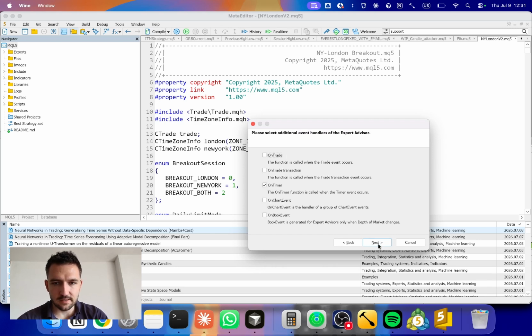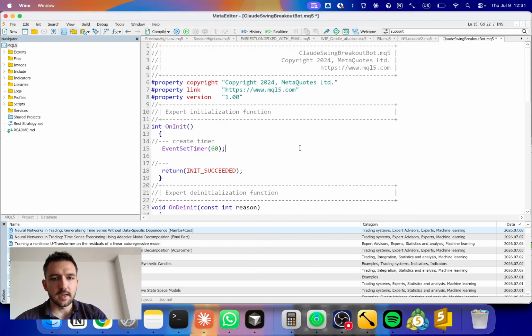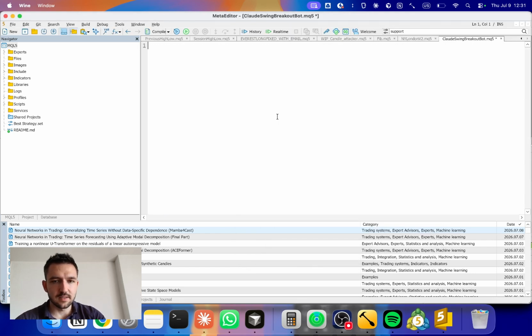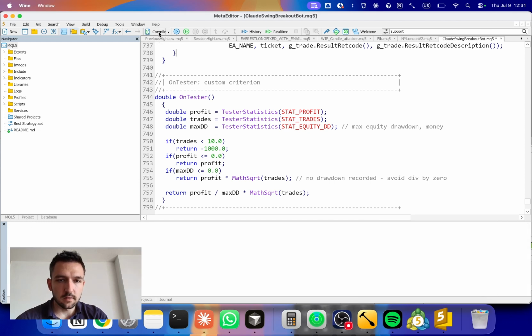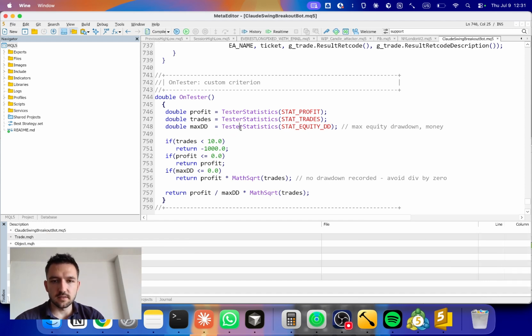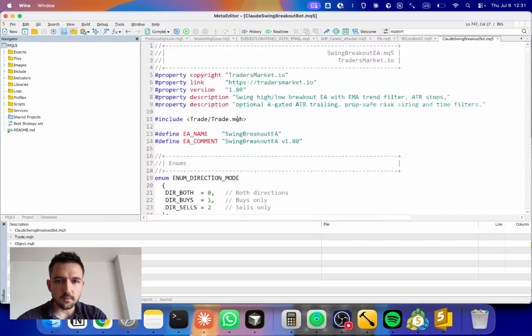We're gonna go next, next, next, and we're gonna select everything, delete it, and paste what our AI made. Then you wanna click compile, which basically compiles and processes the code to make sure it's written well, and you're good to go. So now we want to open it in MetaTrader and backtest it.